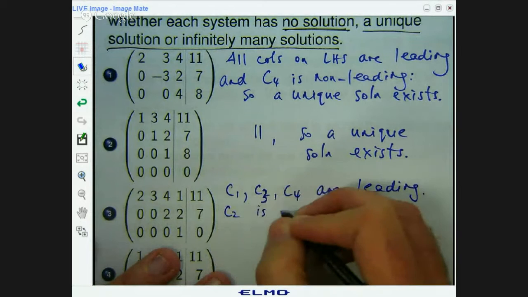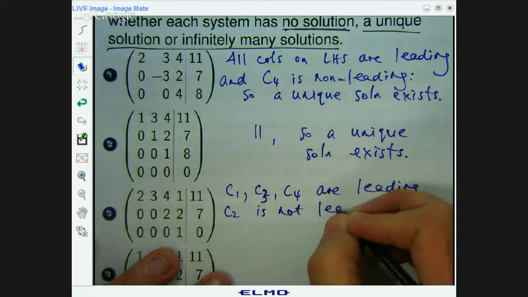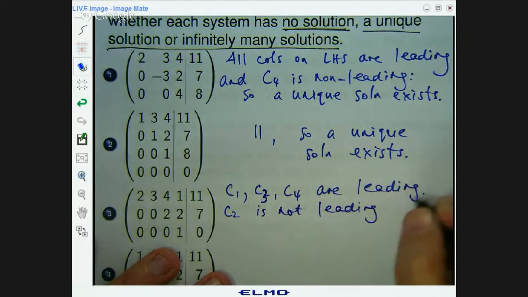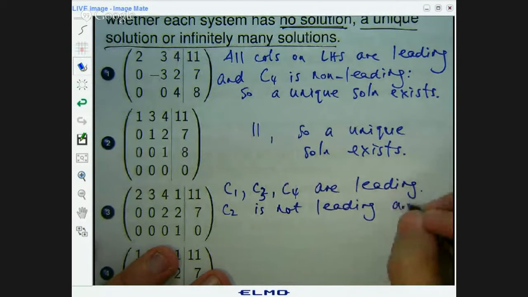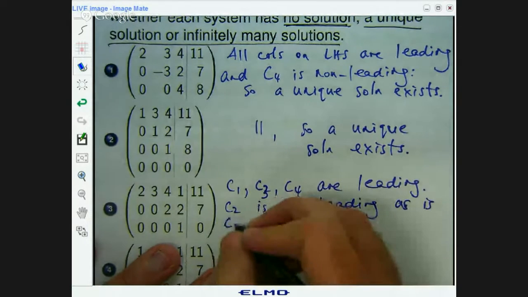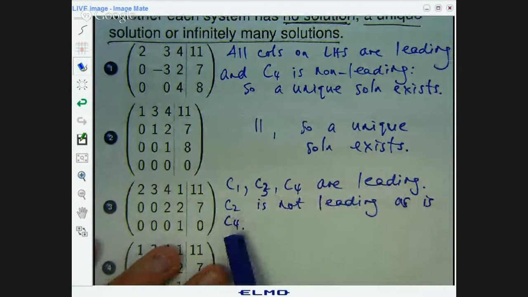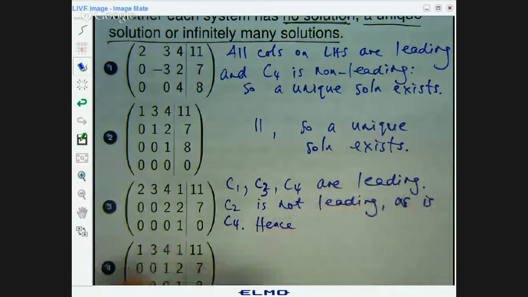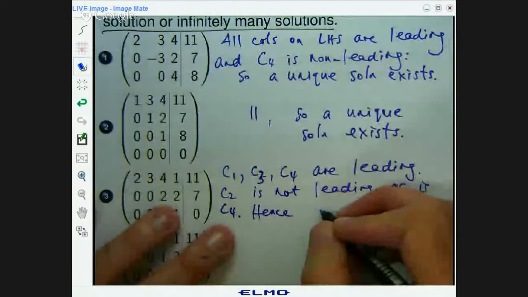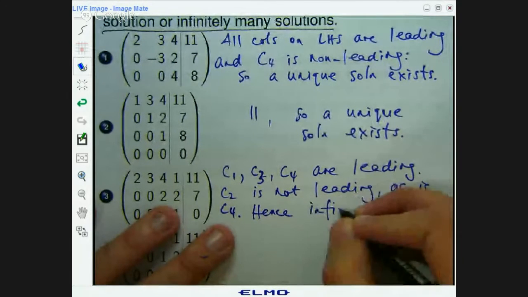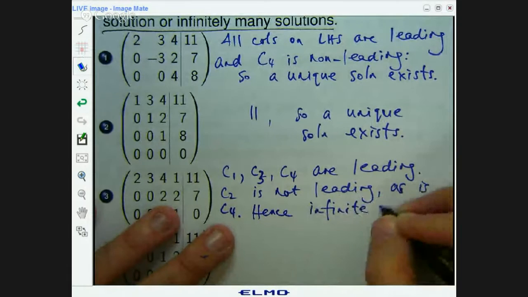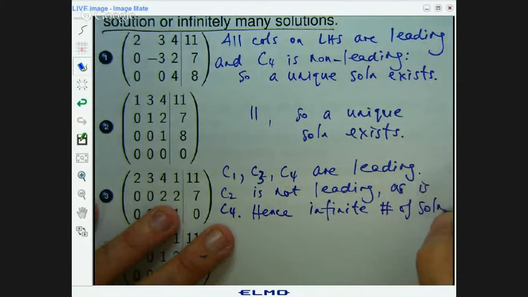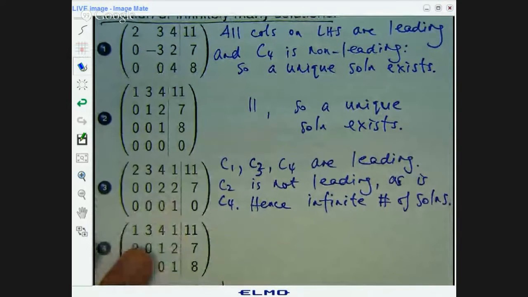C2 is not leading, as is C4. So C4 is also not leading. Hence, what do we conclude? Infinite number of solutions. So it's still consistent, but there's more than one solution.